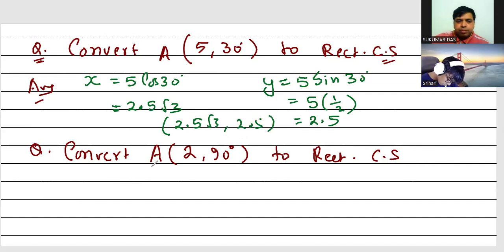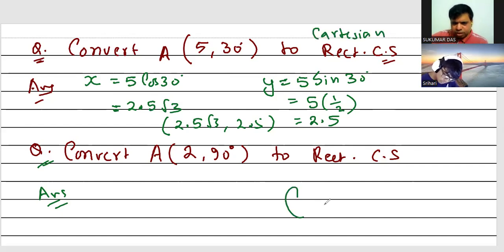Okay, good. Now do this one: convert (2, 90 degree) to the rectangular coordinate system. Instead of rectangular, you may be given the word Cartesian. So instead of rectangular, you can also expect this term, Cartesian.